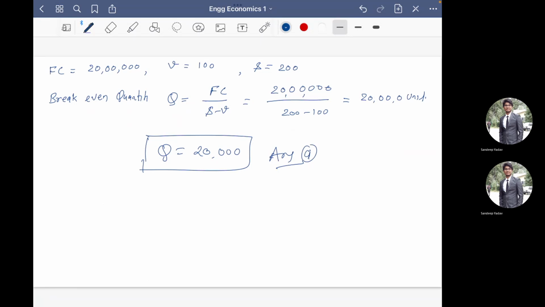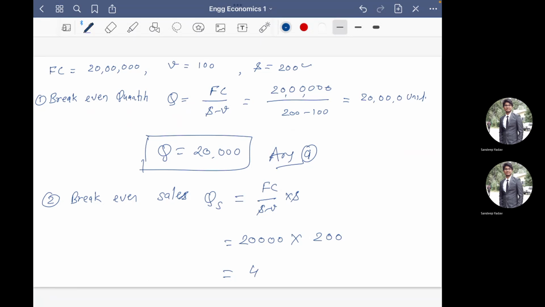Okay. Second, we have to calculate the break-even sales. Break-even sales means the amount we get after selling this. That will be QS. It is S into Q, so we multiply the selling price by the break-even quantity: 20,000 into the selling price of 200.